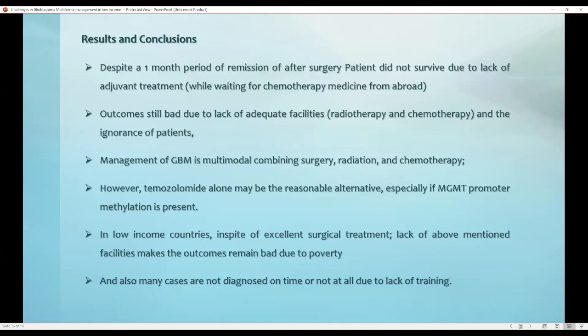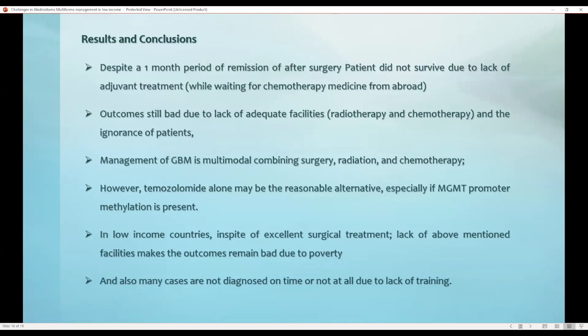Also, in some areas there is ignorance. Patients will not present to you on time. Most patients will come to you at an advanced stage of the disease, and the prognosis at this period will not be good.